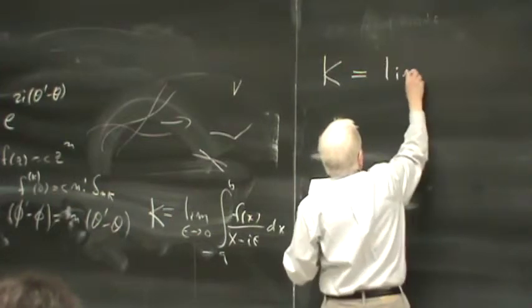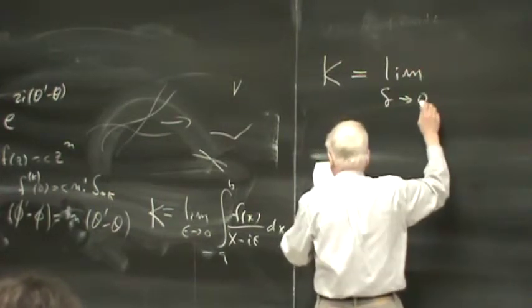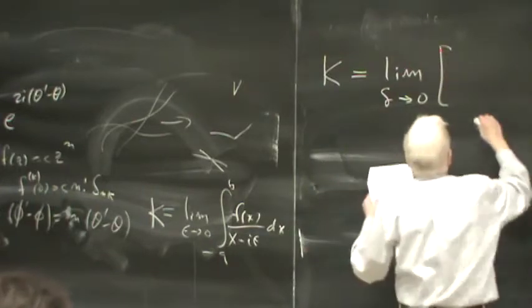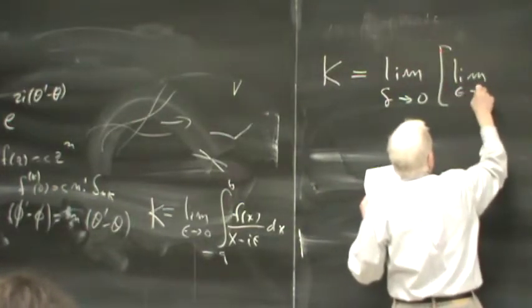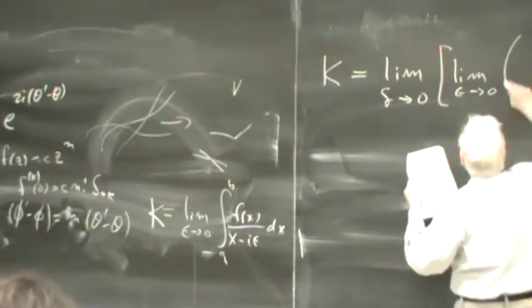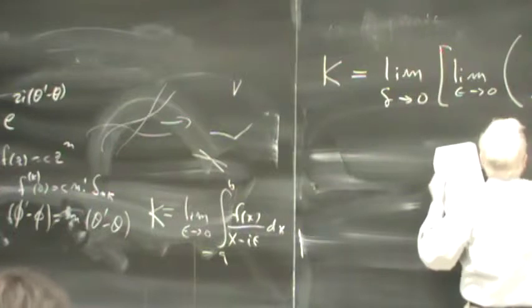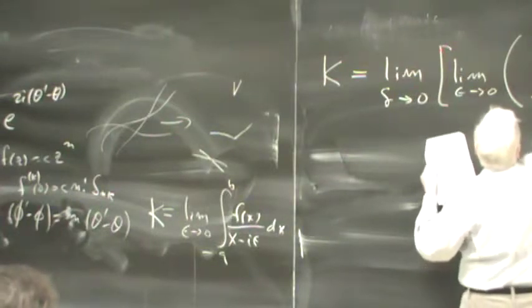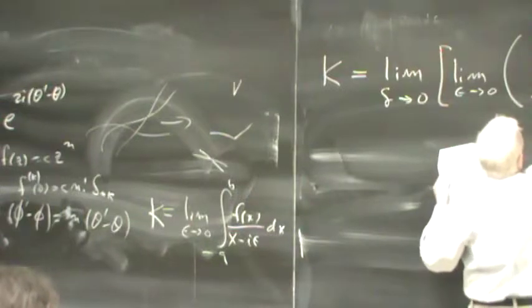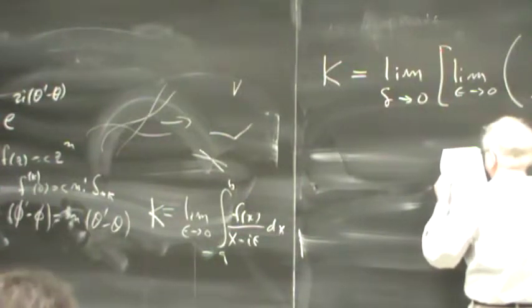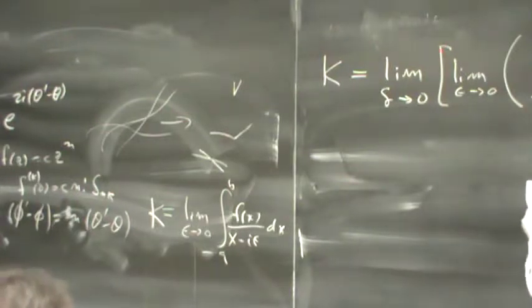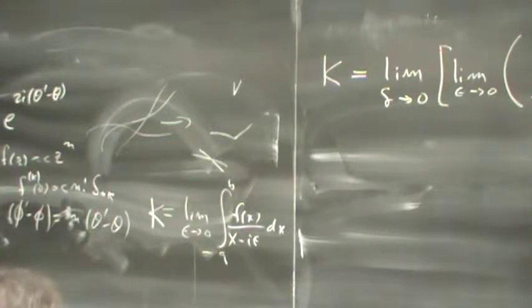Namely, that we first say this is the limit as delta goes to 0 of, and now we go back to the limit as epsilon goes to 0, and now we have 3 integrals instead of just 1. So we go from minus a to minus delta, and then we go from minus delta to delta, and then we go from delta to b.